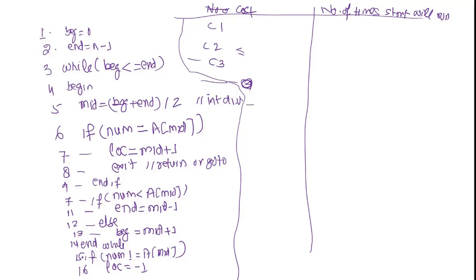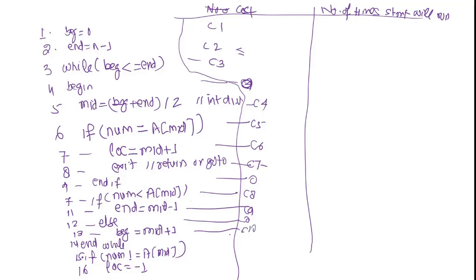So this is C4, C5, C6, exit C7 and 0, C8, C9, this is 0, C10, then 0 and C11 and C12, like this.